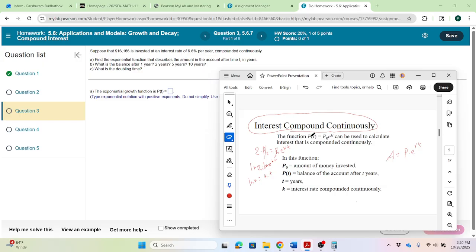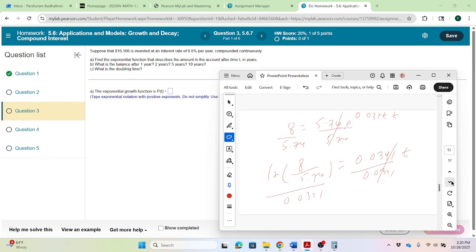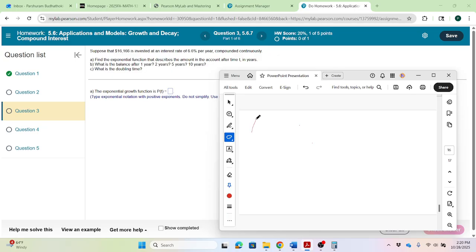Yeah, this is the function, P of t equals P of 0 e to the power kt. That's the compound continuous. So the amount is P of 0 e to the power k times t.